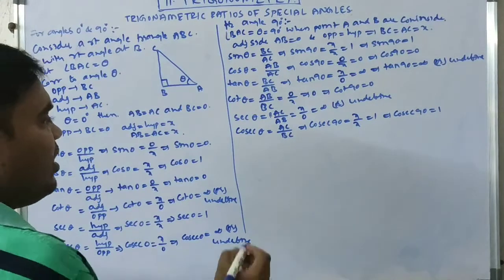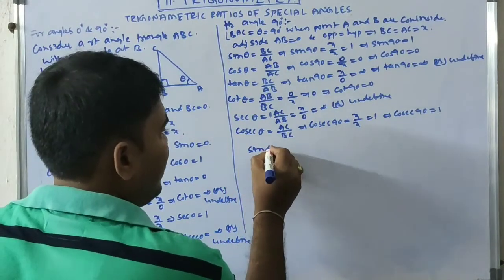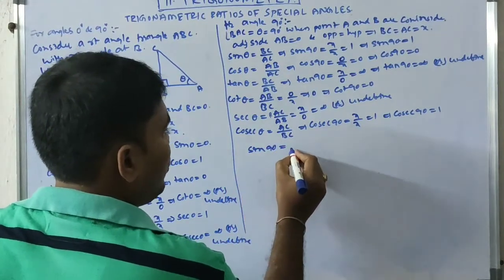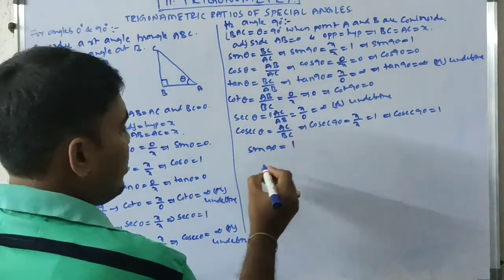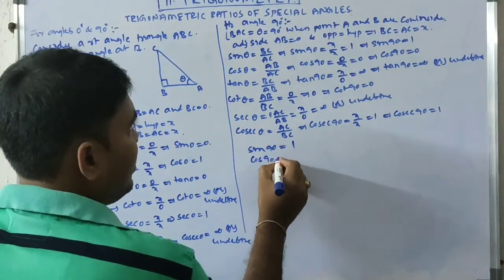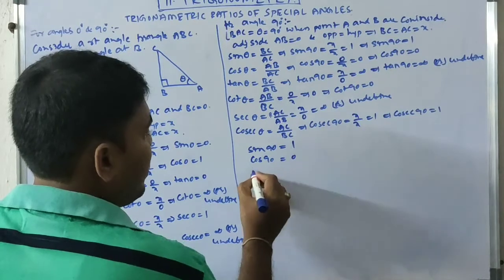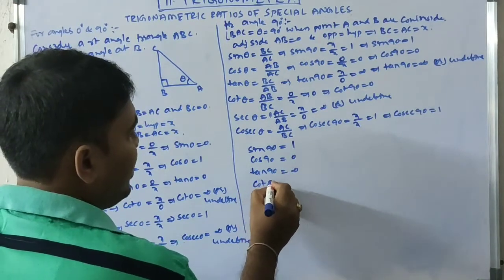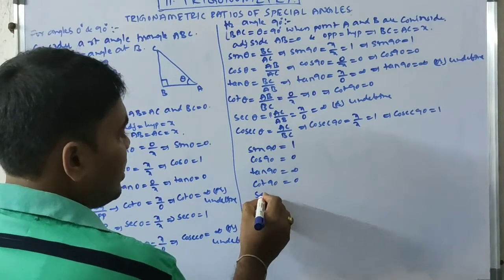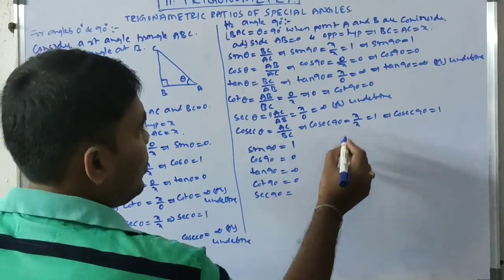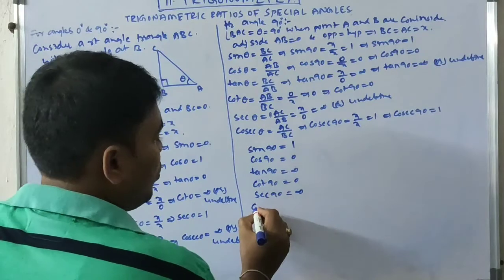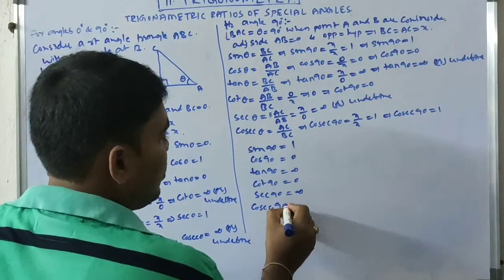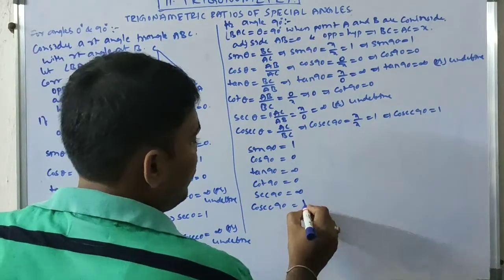So now I will write the values. Sin 90 is equal to 1, cos 90 is equal to 0, tan 90 is equal to infinity, cot 90 is equal to 0, sec 90 is equal to infinity, cosec 90 is equal to 1.